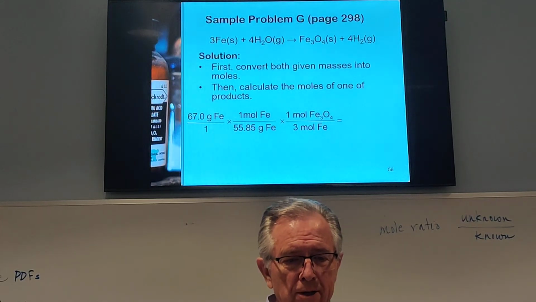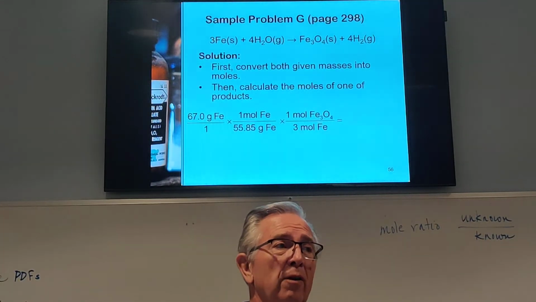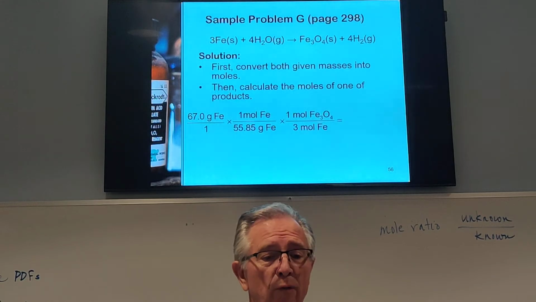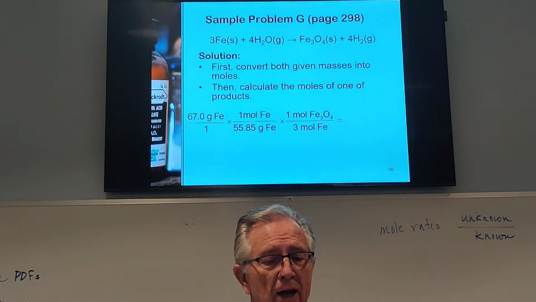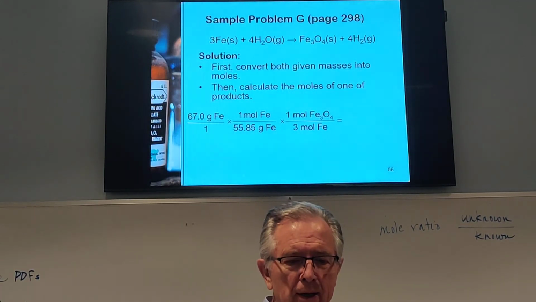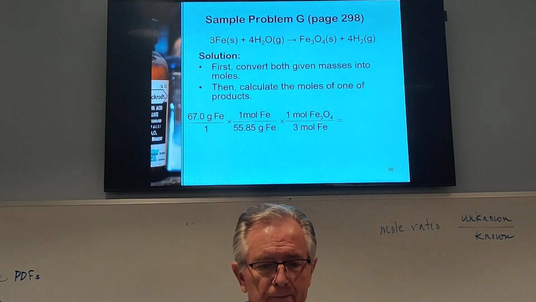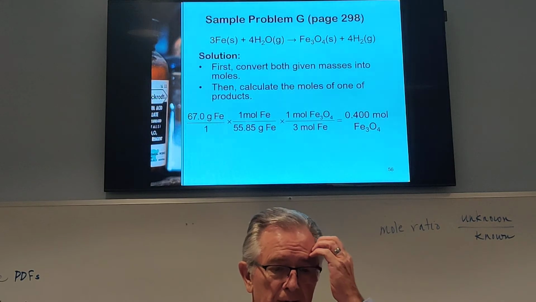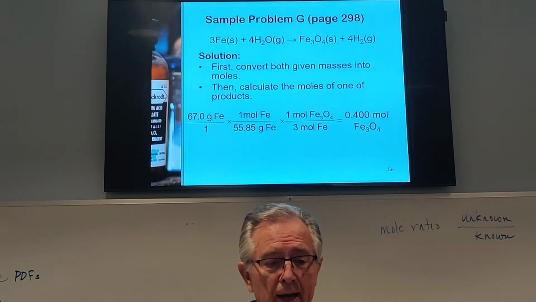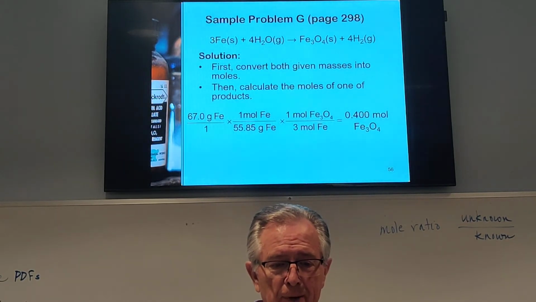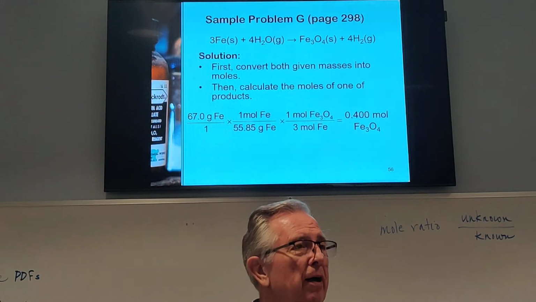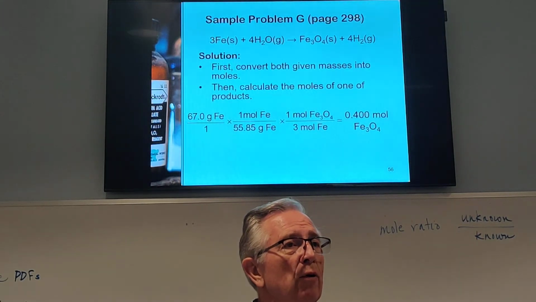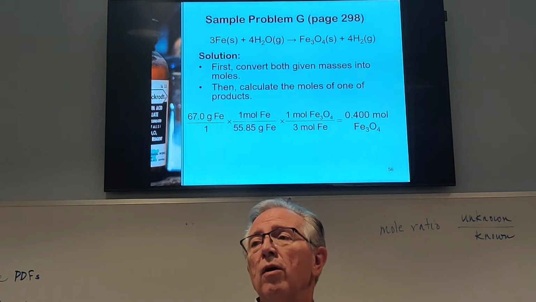From the balanced equation, there's a 1 in front of the Fe3O4 and a 3 in front of the iron, so my mole ratio is 1/3. If I started with iron and all of it got used up, I'd get 0.4 moles of Fe3O4.